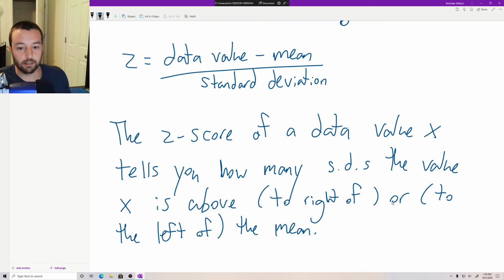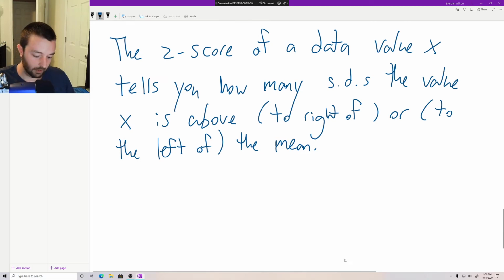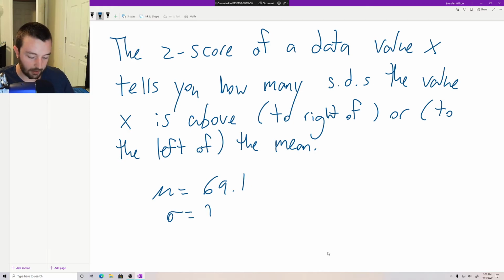So let's go back to our height. I said the human male height has mean 69.1 inches, standard deviation 2.9 inches. Okay, so let's say that somebody is 5'11", so 70 inches.